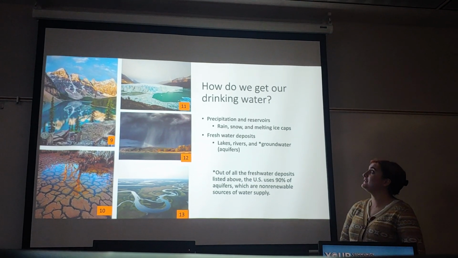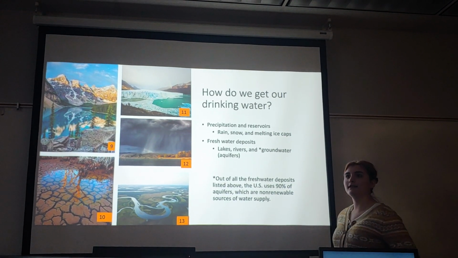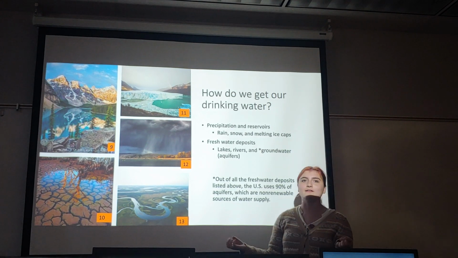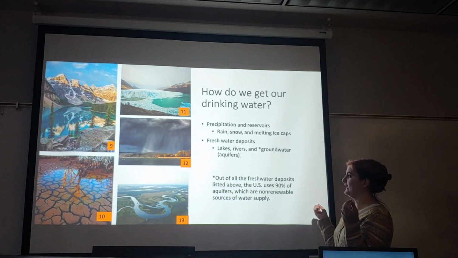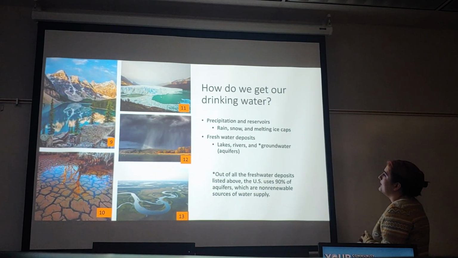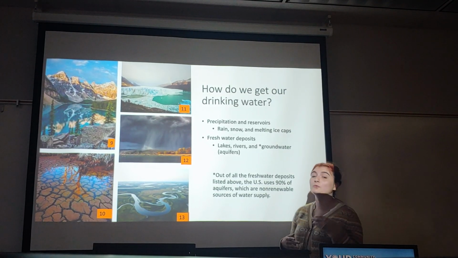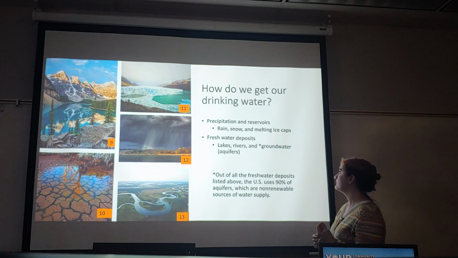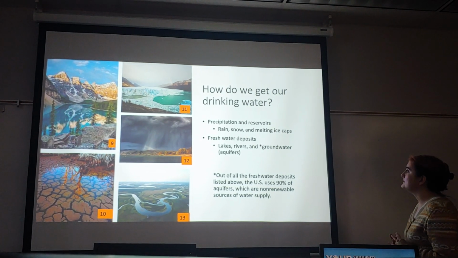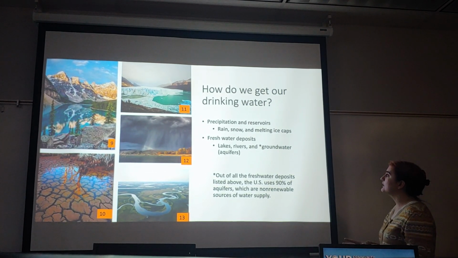All right, how do we get our drinking water? First we need precipitation. It has to fall from the sky, and it's rain. So we have rain, snow, and melting ice caps, which is happening a lot more rapidly now than ever before. Freshwater deposits such as lakes, rivers, and groundwater.